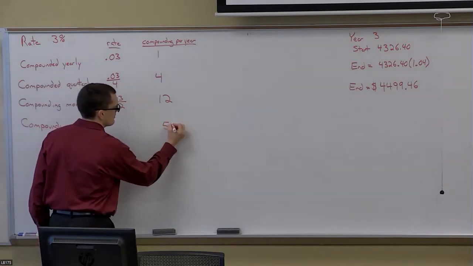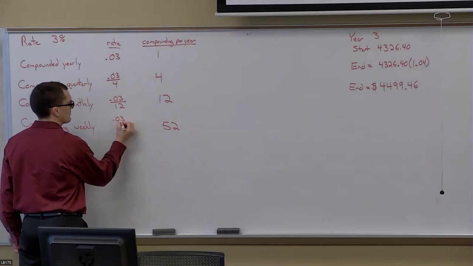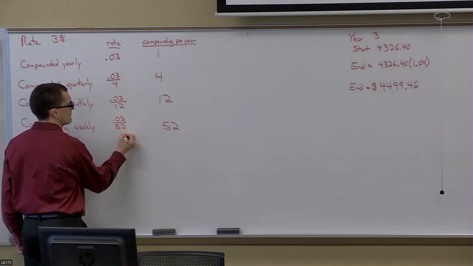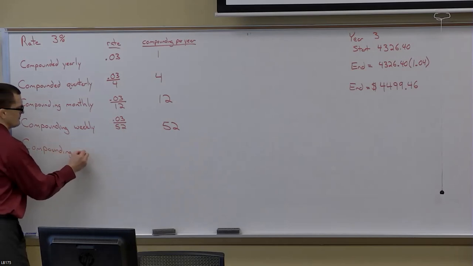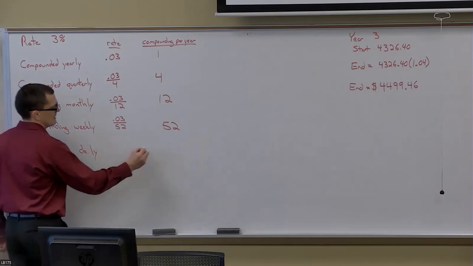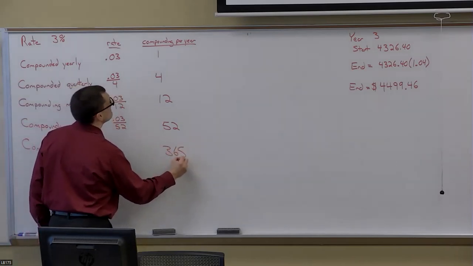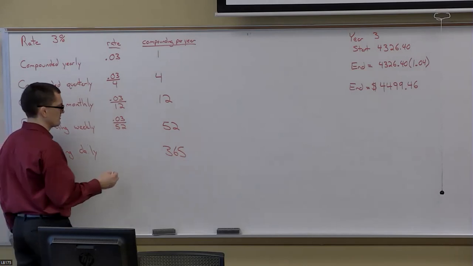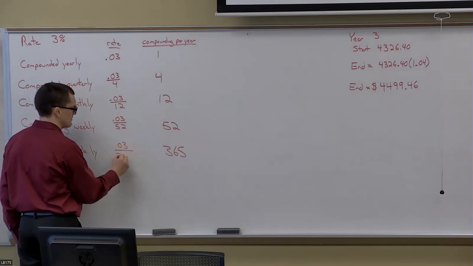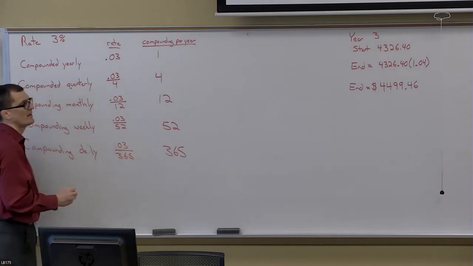So we'll go 0.03 over 52. Okay. Does this make sense? And then if we compound it daily, like 365 days in a year, we won't use leap year calculations. Let's use 365, 0.03 over 365.